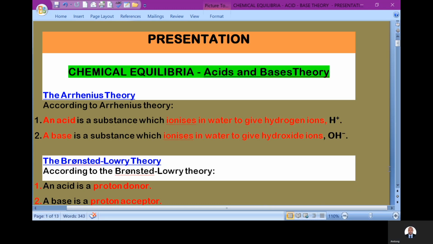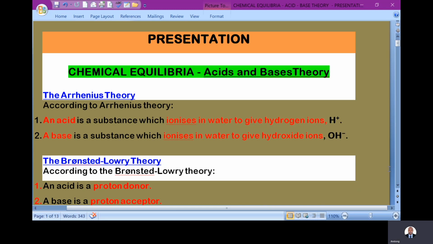Conversely, Brønsted-Lowry also came up with a newer theory. Arrhenius said an acid ionizes in water giving a proton, or hydrogen as the only positive ion, and a base ionizes in water to give OH as the only negative ion.